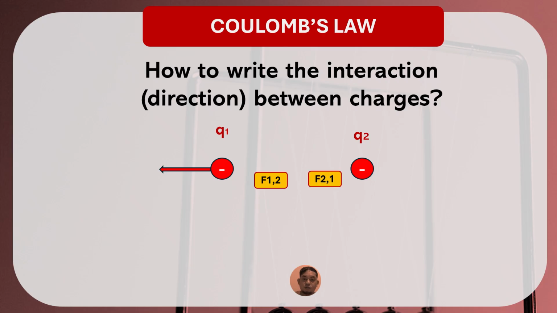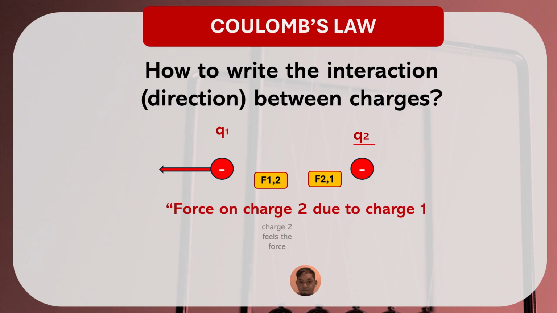And what about force 2 due to 1? We will reverse the situation now. Charge 2 is our point charge, our reference, our focus. So charge 2 will feel the force, and charge 1 will now be the one to push or pull.